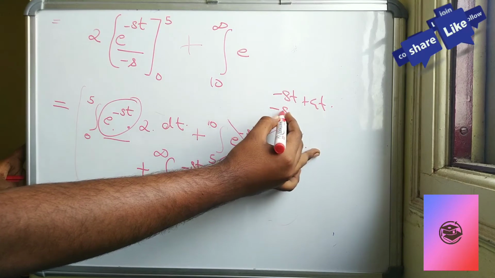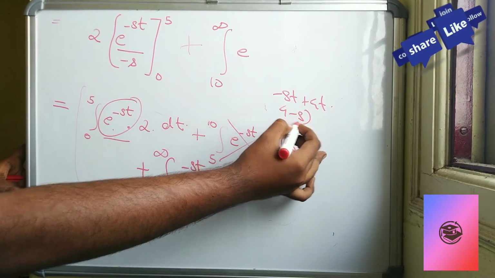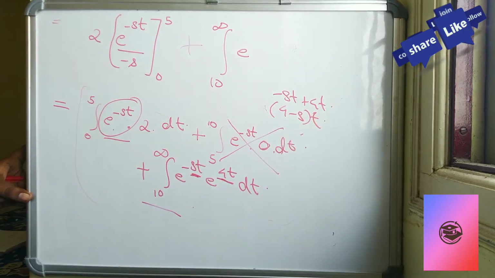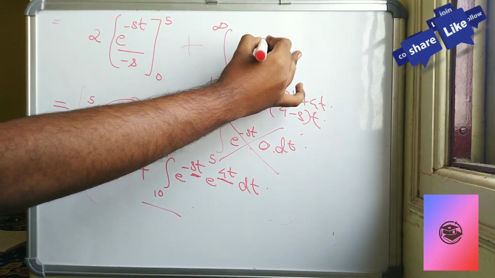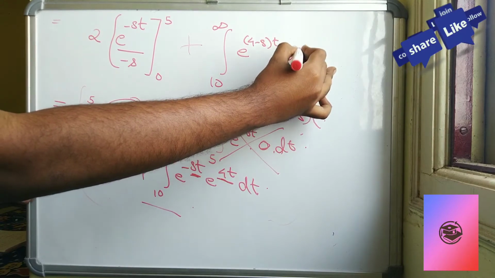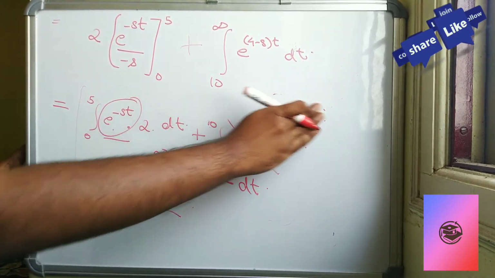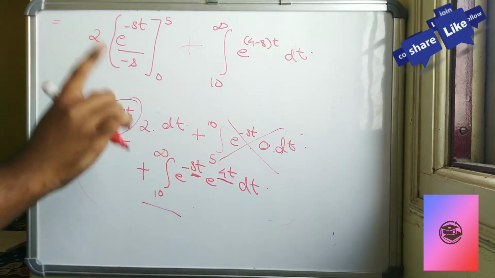I can write it as minus s plus 4, or I can write it as 4 minus s, t, right? t I can take common. So I can write here e power 4 minus s into t dt. Still I have not integrated it, I have just resolved it into one term.